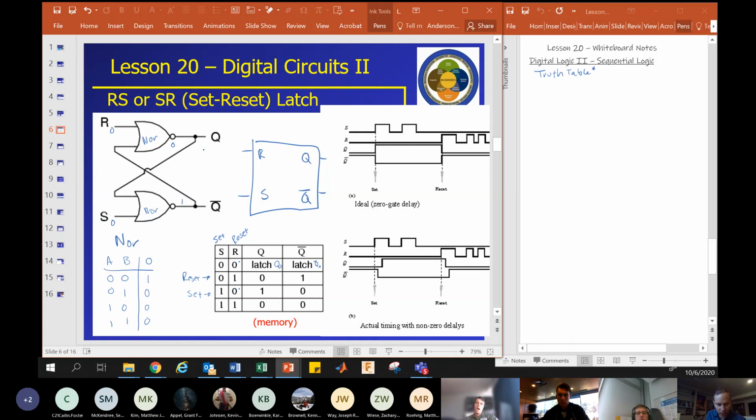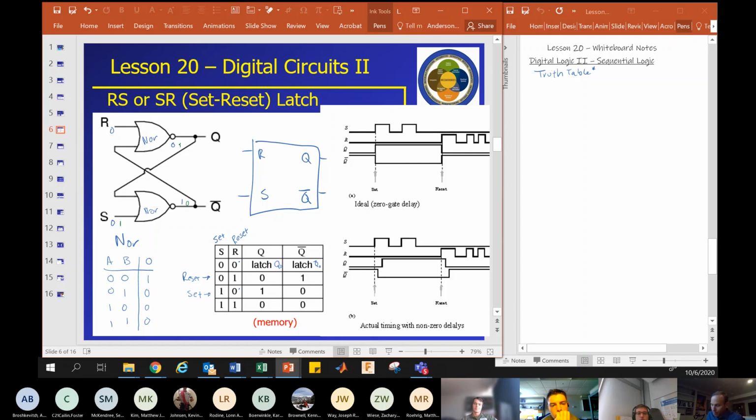The first thing we would do is to set it. So we set it by making this go to a 1. So on this NOR gate, we have an input of a 0 here and a 1 here, and that's going to make this output change to a 0. And so now we have a 0 here and a 0 here, and this will change to 1.